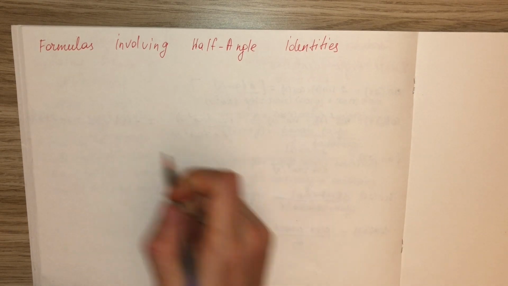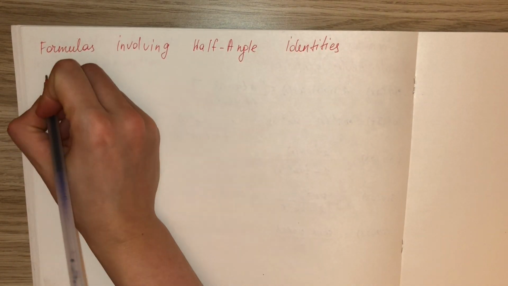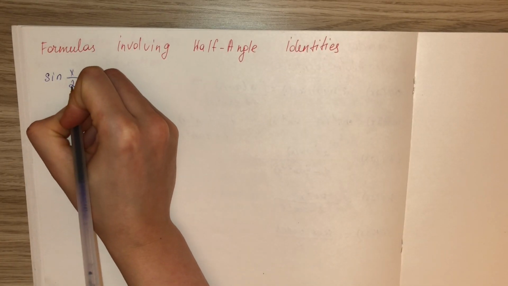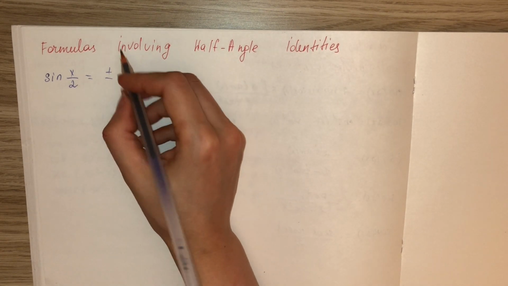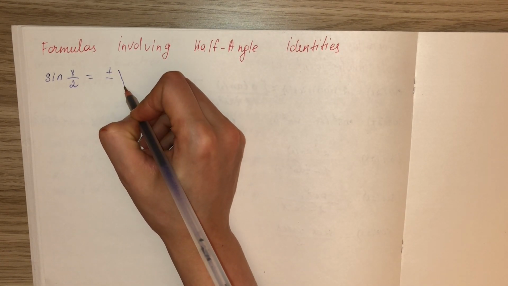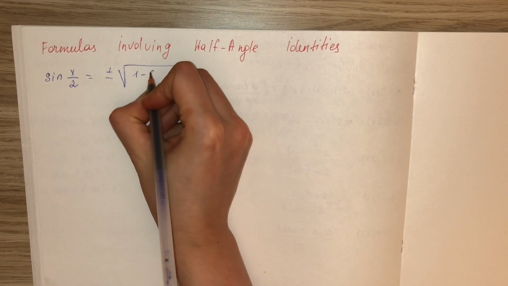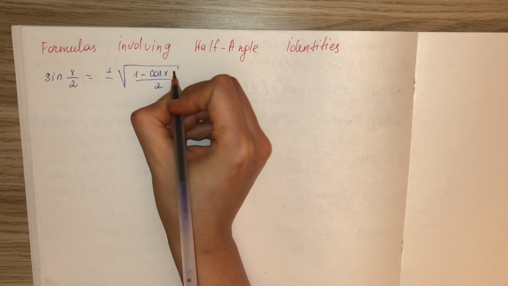So here are the formulas involving half angle identities. If we have sine x over 2, it's equal to plus or minus the square root of 1 minus cosine x over 2.